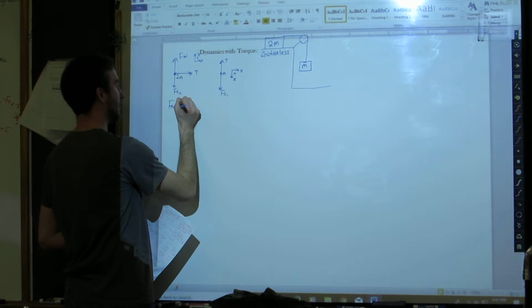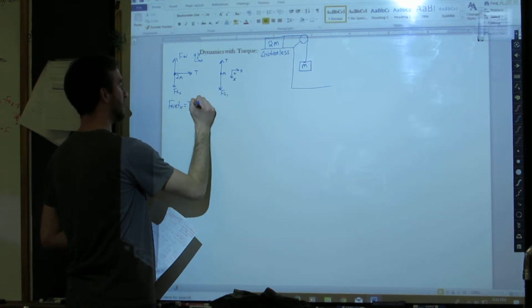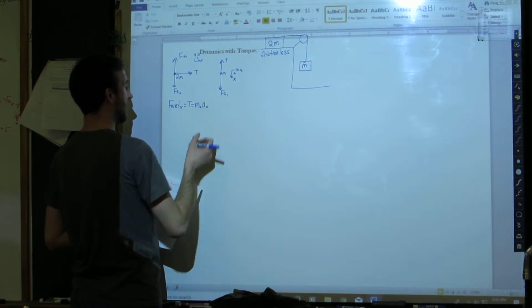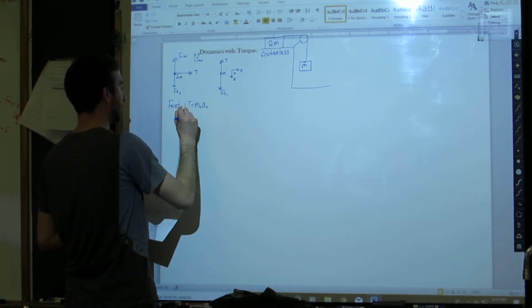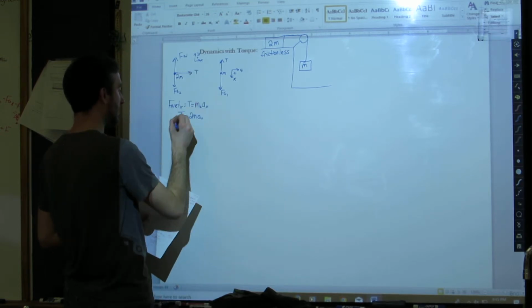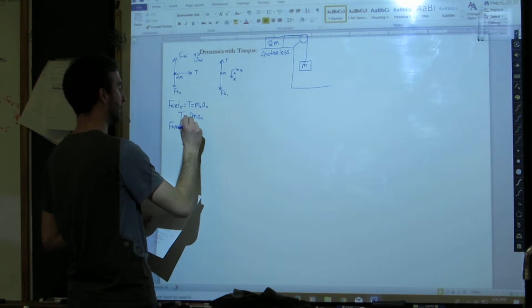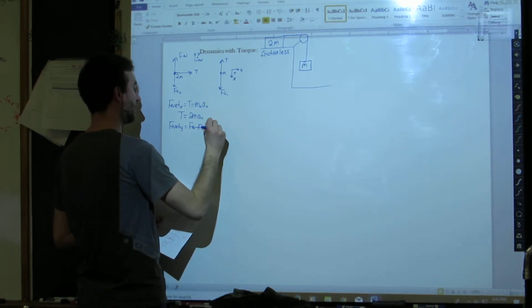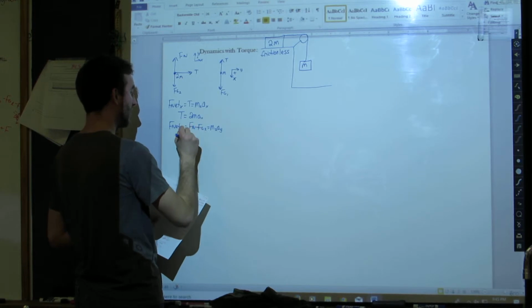For this one, F net x equals tension equals m2 ax, and we really know that this is 2m ax. And in the y direction, I suppose we'll write it anyway: F net y equals Fn minus Fg2 equals m2 ay.